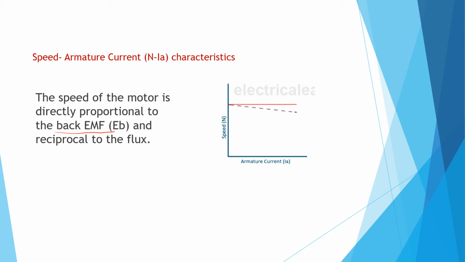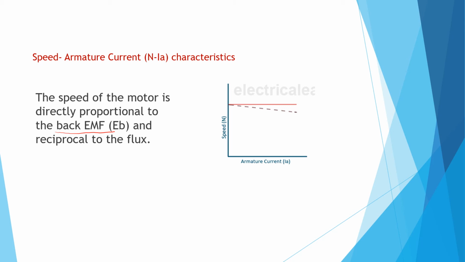When we place a current carrying conductor in a magnetic field, it experiences torque, and because of that it starts moving in a particular direction. But when we move the conductor in a magnetic field, there is an induction of EMF, and that EMF is in the opposite direction. That's why we call this back EMF.